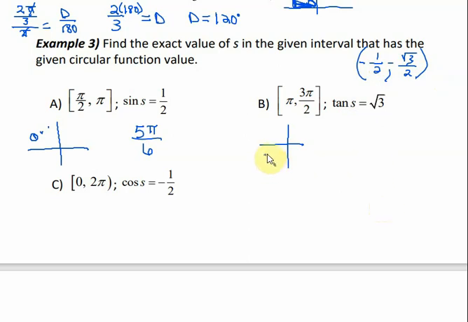So which one of these two, either 7 pi over 6 or 4 pi over 3, would have these values? So this means that my x needs to be the short one and my y needs to be the long one. So it would be this value right here, which is 4 pi over 3.